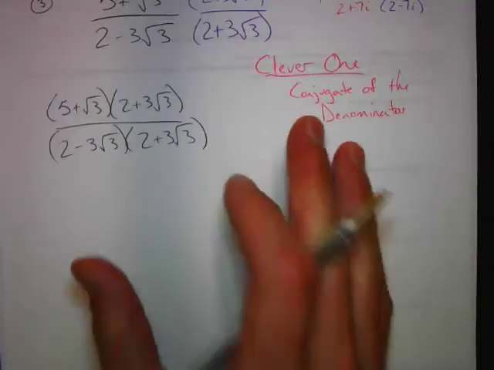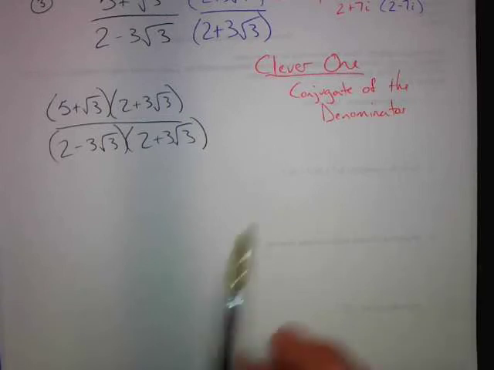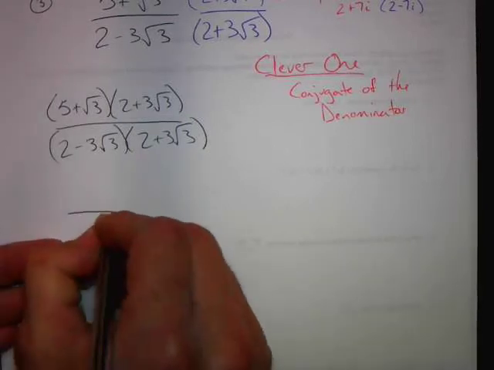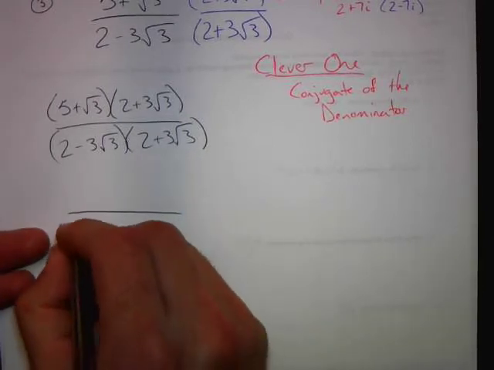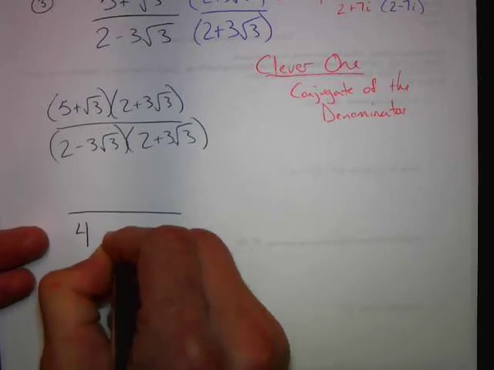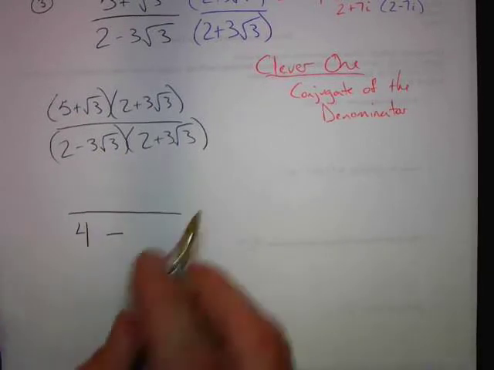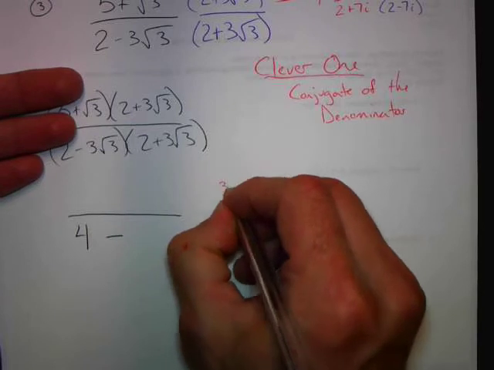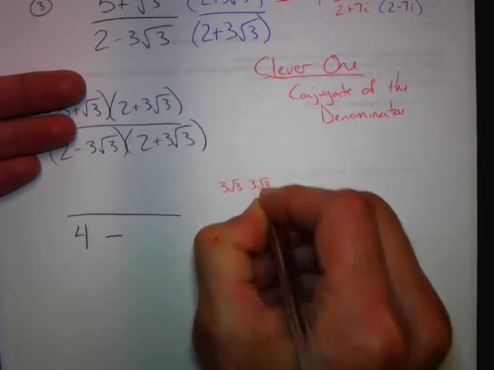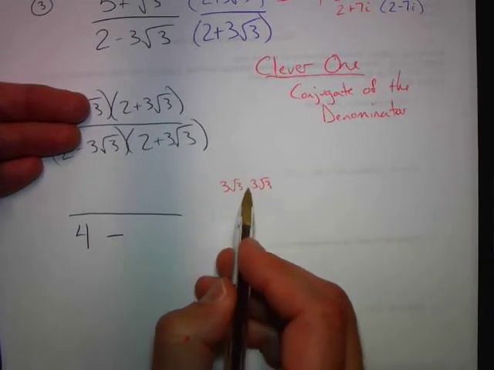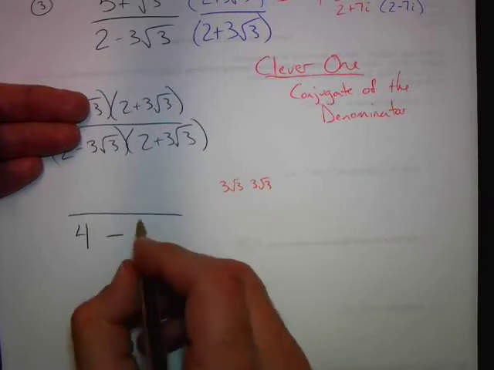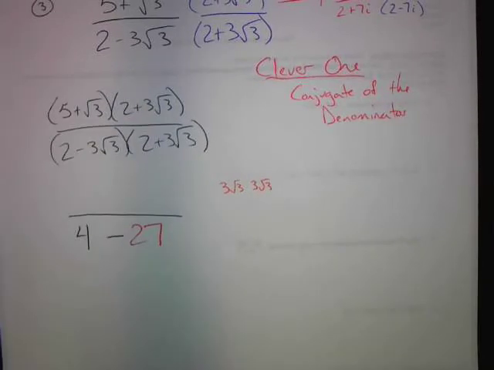This will turn into a difference of squares. So we have 2 times 2, which is 4, minus 3 root 3 times 3 root 3. Wouldn't that be 9 times 3, or 27? So we have 4 minus 27, which will be negative 23.